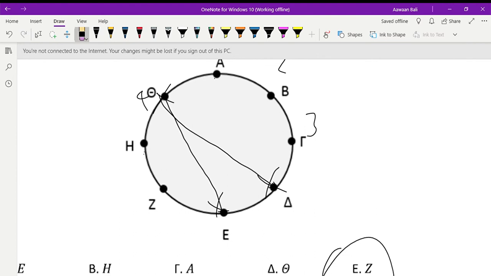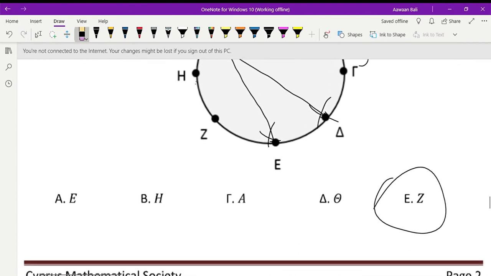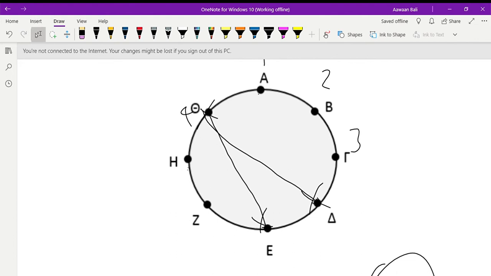So now we're at eta, basically. Then we count 1, 2, 3, 4. Beta is burst, so we go here. Now we count 1, 2, 3, 4, and alpha is burst, so we go here.